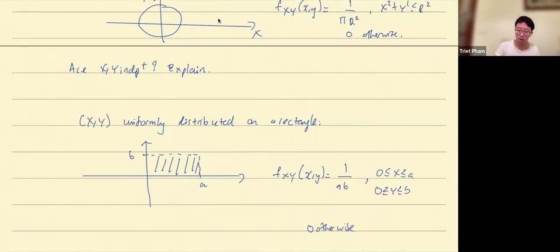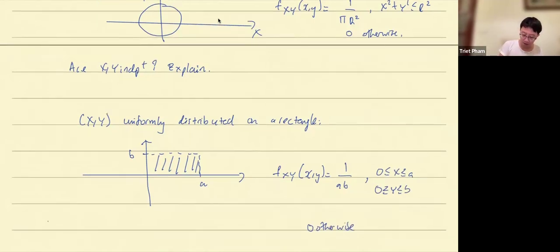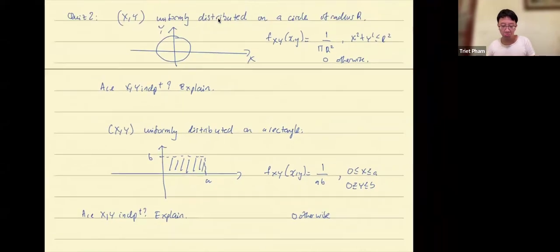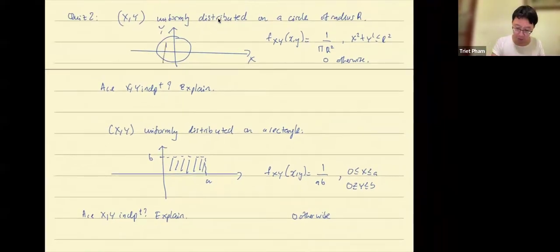Same question. Are they independent? Explain. Any difference? Circle, rectangle, who cares? All independent, right?